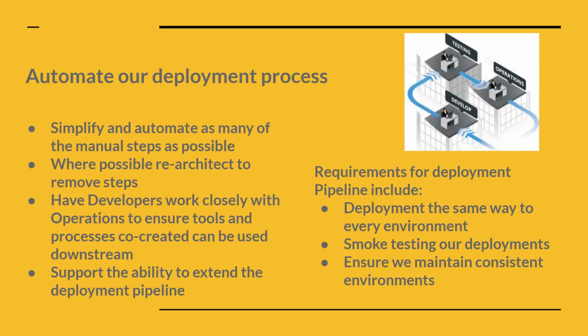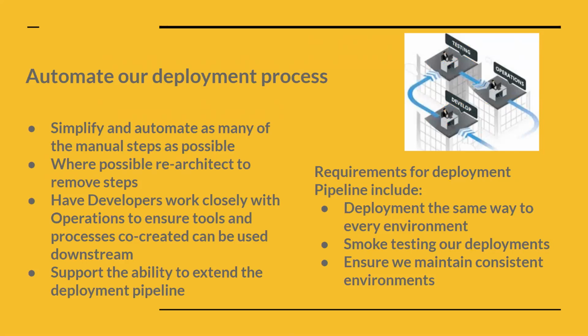The following are requirements for the deployment pipeline. So we have deploying the same way to every environment. This means that if we use the same deployment mechanism on every environment, our production deployment is likely to be more successful.